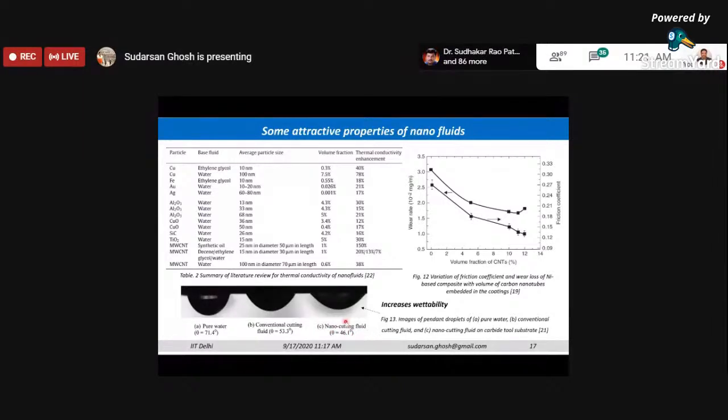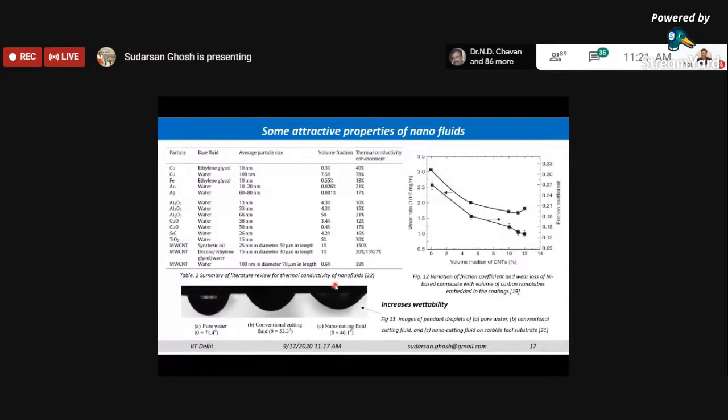Now in this particular table, as you see over here, there are different types of particles, the nanoparticles. So these are all nanoparticles. Their average sizes are also given here, and the volume fraction. Normally the mixing is done in terms of volume fraction, not in terms of weight percentage.